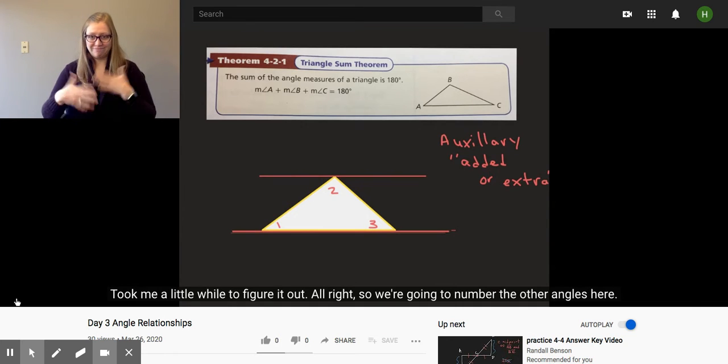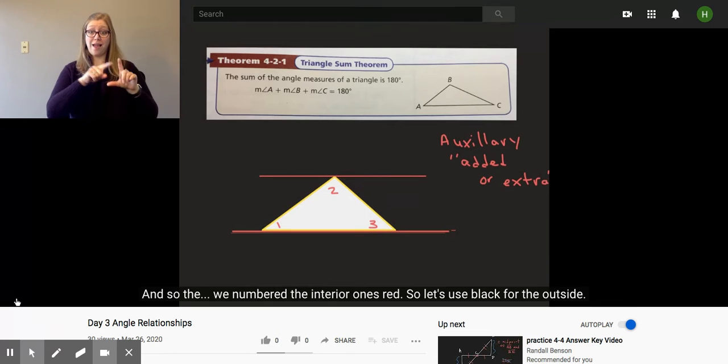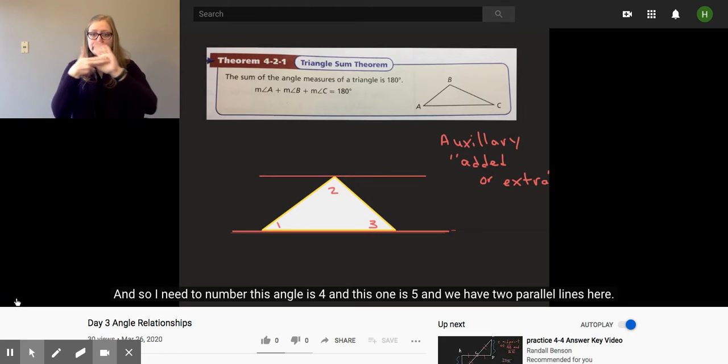All right, so we're going to number the other angles here. We numbered the interior ones red, so let's use black for the outside. I'll number this angle 4 and this one 5. And we have two parallel lines here.